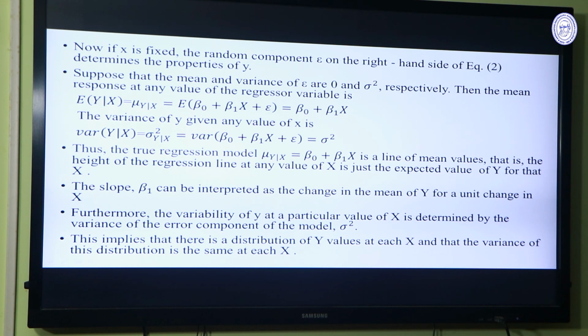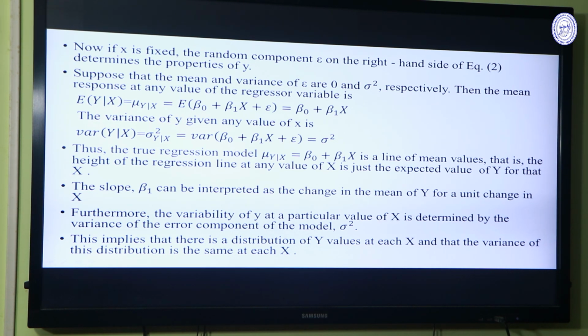So, beta 1 actually represents the change in the mean value of y due to a 1 unit change in the given value of x. That is the slope, and the variability of y at a particular value of x is determined by the variance of the error component.